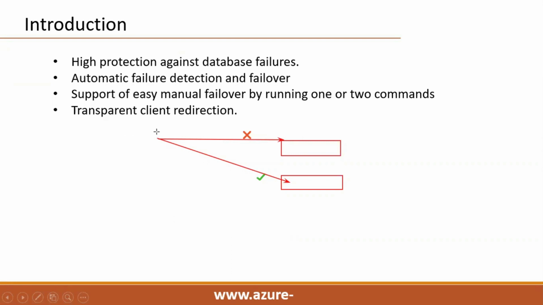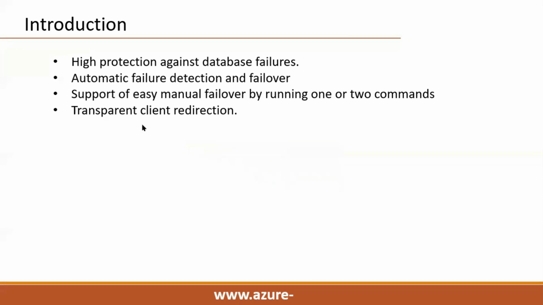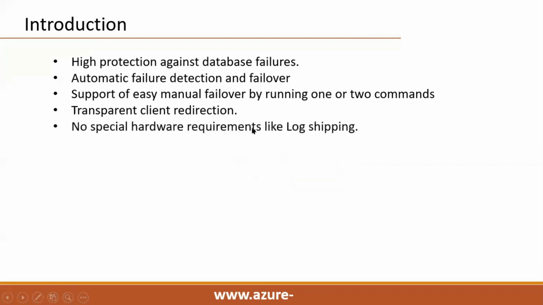Whenever it is unable to connect to principal, it will start connecting to mirror, because whenever the principal database crashes, mirror immediately becomes principal and the mirror database comes online. Users don't know whether they are working with this server or that server. That's why it is transparent client redirection, automatically redirected to the mirror server which has become principal.